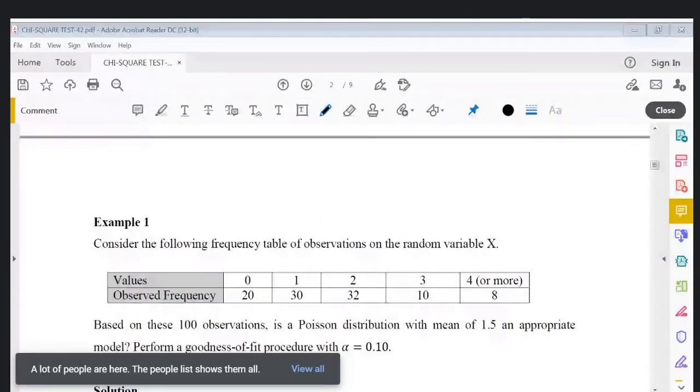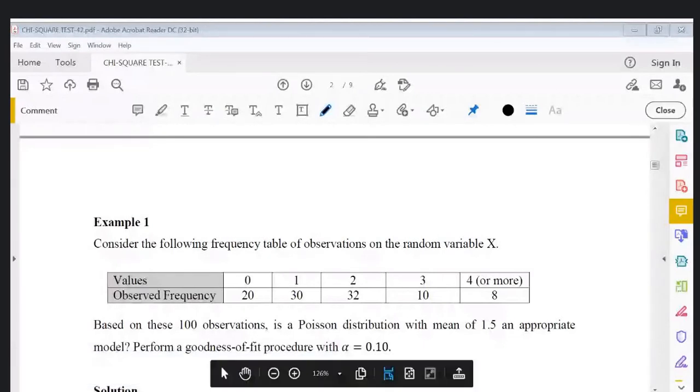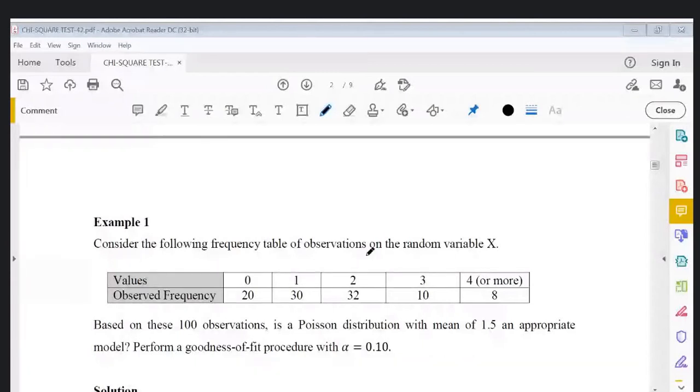This is example 1. Consider the following frequency table of observations on the random variable X. We have the values X and the observed frequency fi. The value 0 occurs 20 times, 1 occurs 30 times, 2 occurs 32 times, 3 occurs 10 times, and 4 occurs 8 times.